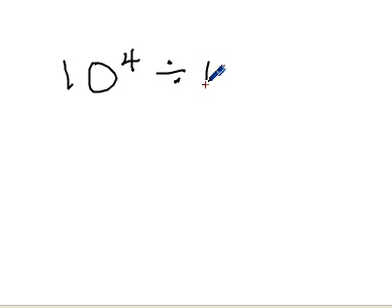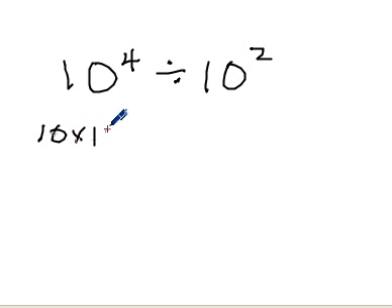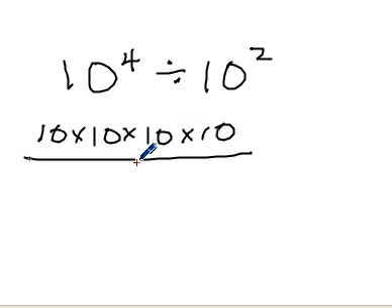And we'll just take a look at one more example of division. If I have 10 to the 4th power divided by 10 squared, this could be written in expanded form as 10 times 10 times 10 times 10 divided by 10 times 10.